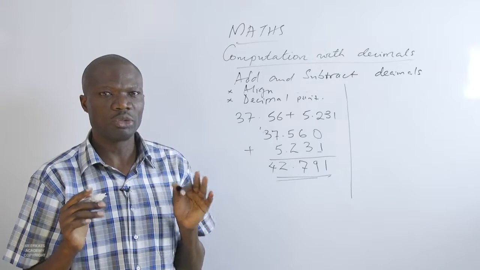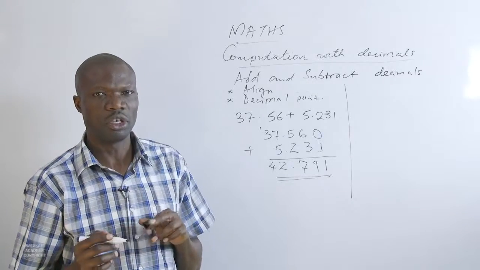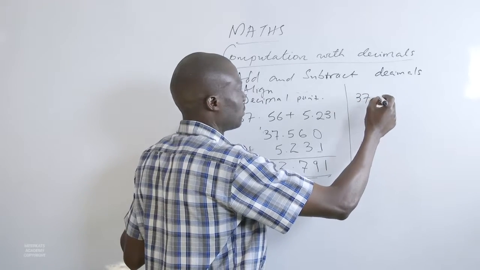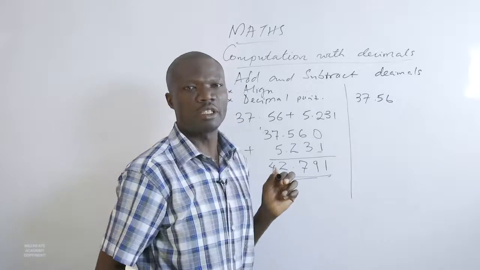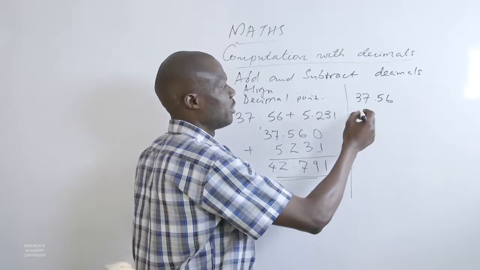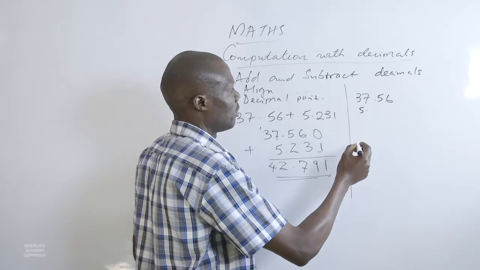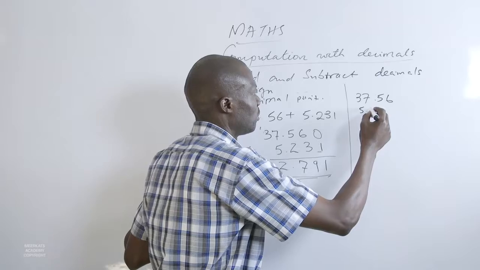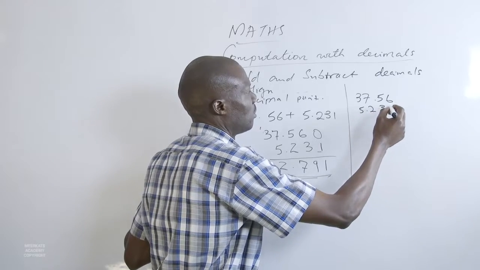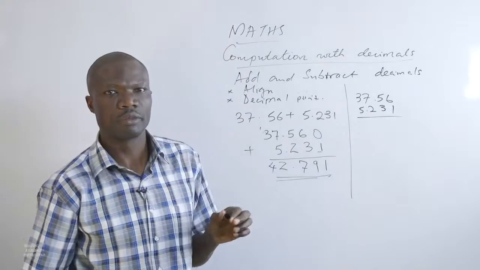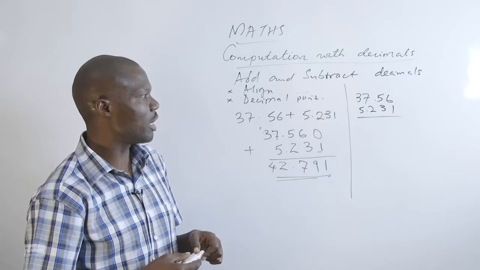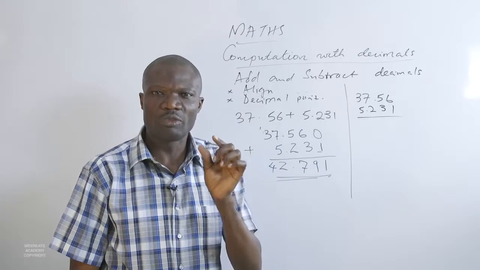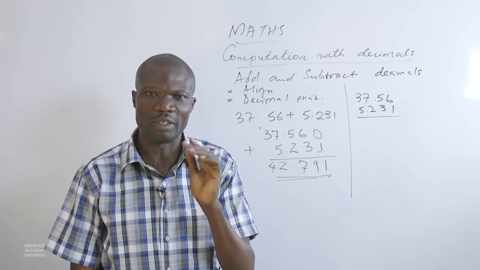What you should not do is as follows. Do not take that 37.56 and add it like this. When you look at what I have, the digits in the same place value are not aligned.